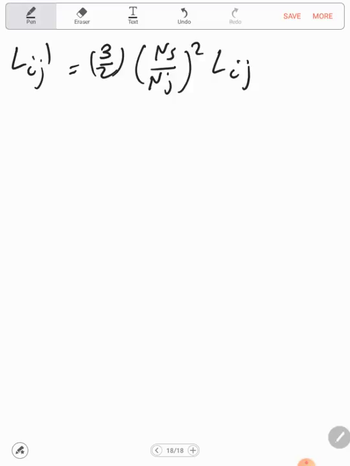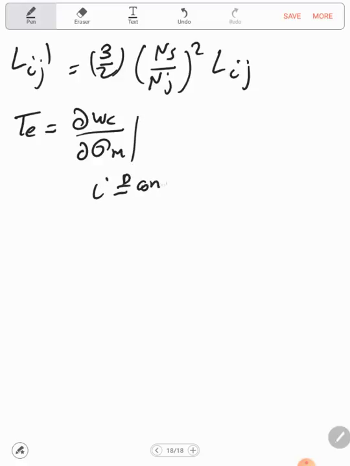So now in order to finish the modeling, we need to find the torque, and simply the torque Te will equal the partial of omega c by partial of theta m when I is constant. So simply here we can calculate the torque Te equal to P over 2, in order to use the electrical angle instead of the mechanical angle, because they are related by P over 2.